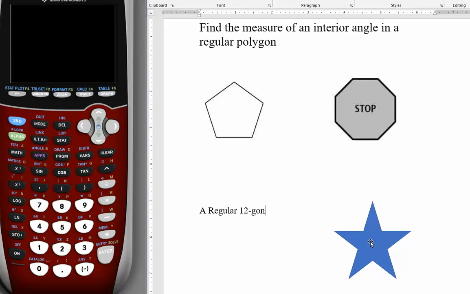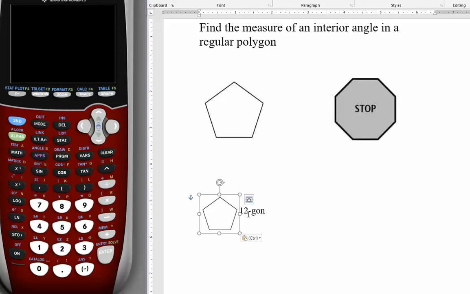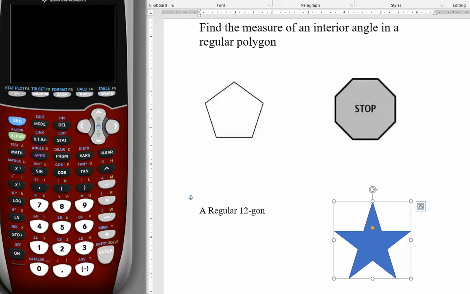What you'll notice is that a polygon that is regular will always be convex, meaning you cannot draw a line from one vertex to another vertex without it going outside of the figure. I'll show you that real quick.